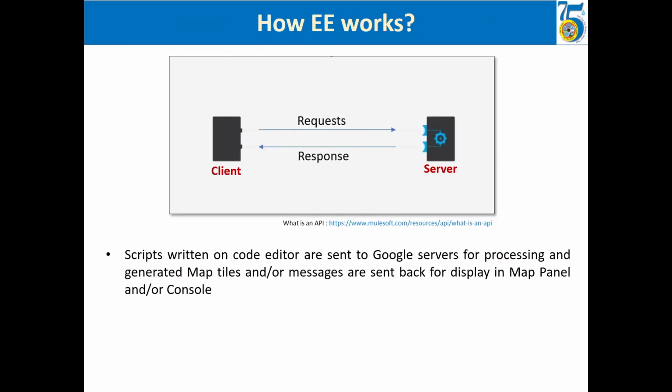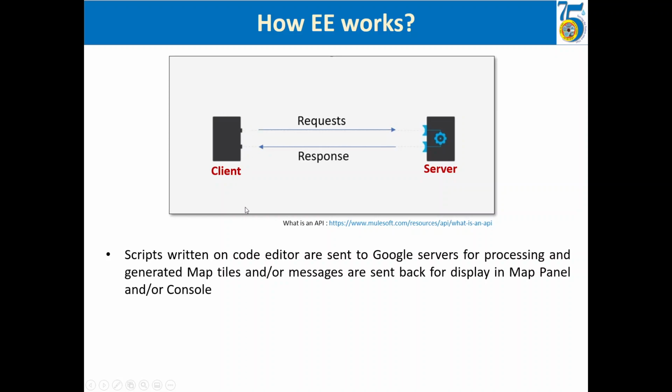how Earth Engine works. You have already had some introduction, some understanding of the client-server process yesterday, where the system which you are working on is the client. There is no need for us to write a program, other than writing the scripts.